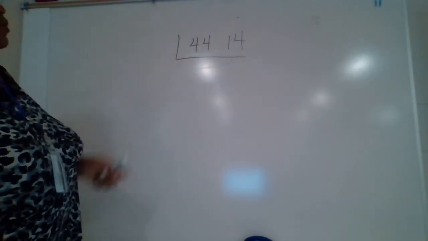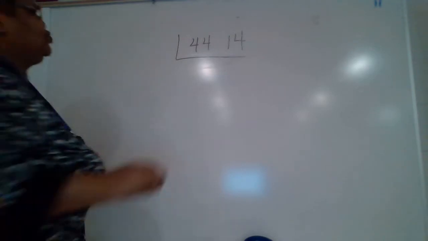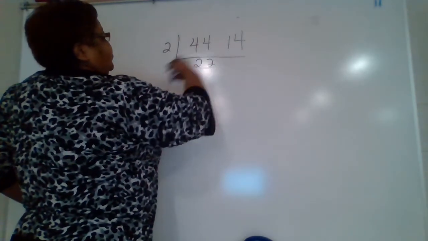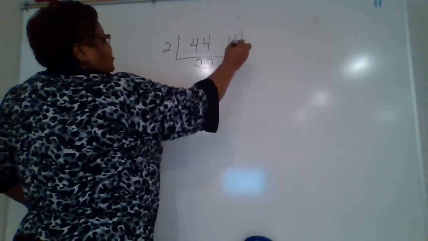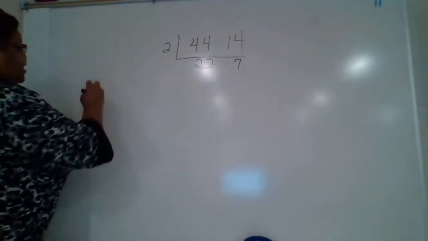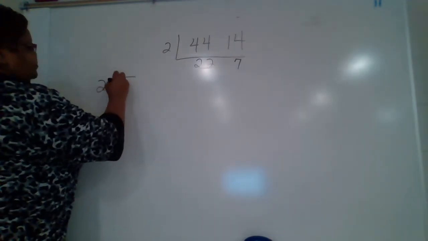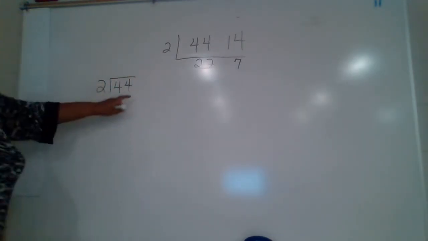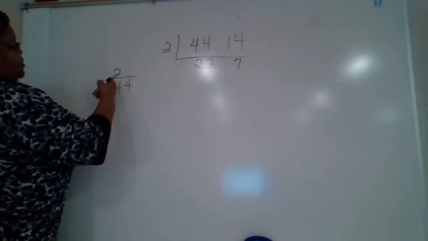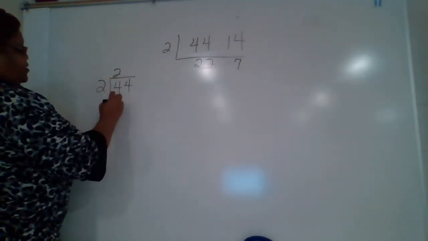If not, keep going. They're both even numbers, so we know 2 goes into both of them. 2 goes into 44 22 times. 2 goes into 14 7 times. And again, if you don't know that off the top of your head, you can go off to the side and do a little short division. 2 goes into 4, 2 times 2 is 4.